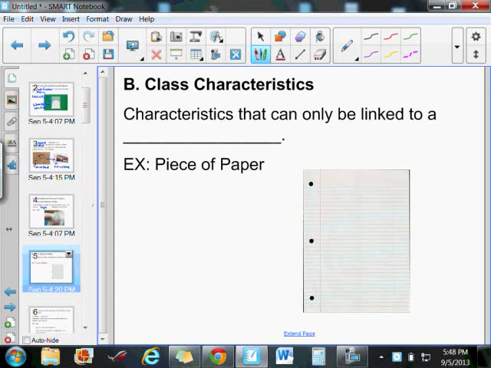The other type of characteristic is a class characteristic. Now these are characteristics that can only be linked to a group. Right, so for example, let's say you found a piece of paper at a crime scene, like this notebook paper here. Now you could potentially figure out the brand that this paper was from.